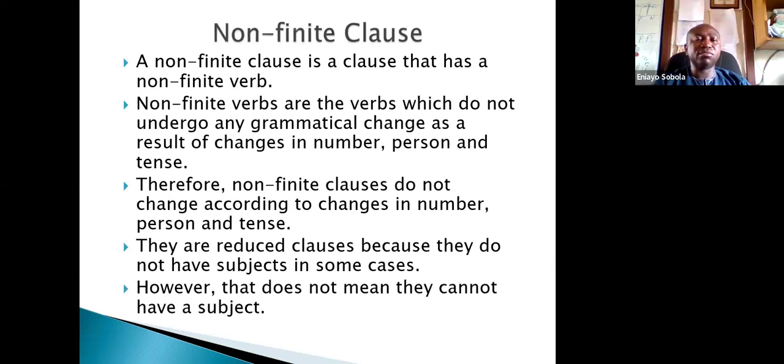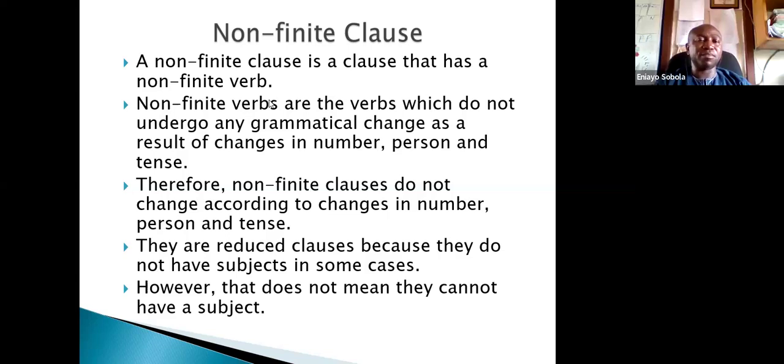So that's that about adverbial clause. And next one is non-finite clause. A non-finite clause is a clause with a non-finite verb. It is called non-finite clause because it has a non-finite verb as its major verb.